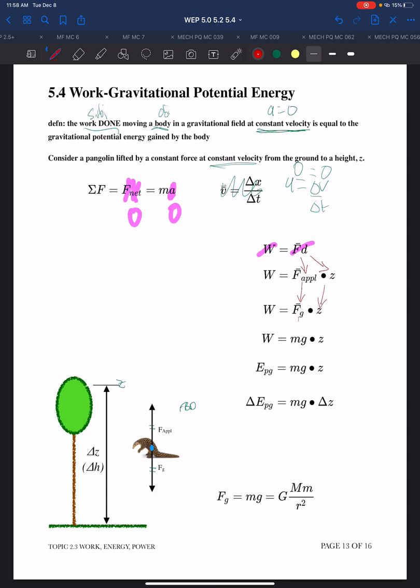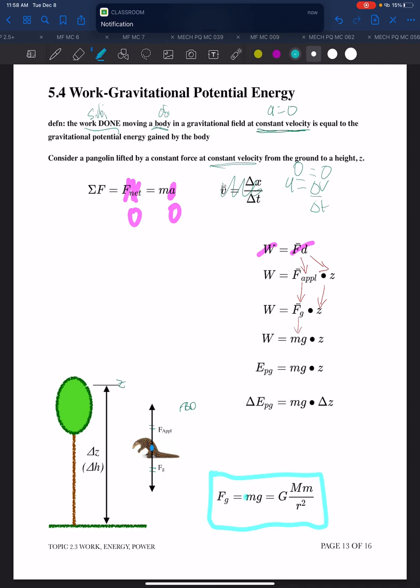The weight is equal to the product of the mass and the acceleration caused by gravity. Now just a reminder that down here at the bottom we have the force of gravity, which is equal to the mass of the object times the gravitational field, or the acceleration caused by gravity. It is also equal to this second part of the equation, which is Newton's law of gravity. But in any case, the force of gravity is equal to the mass of the object times the acceleration caused by gravity.